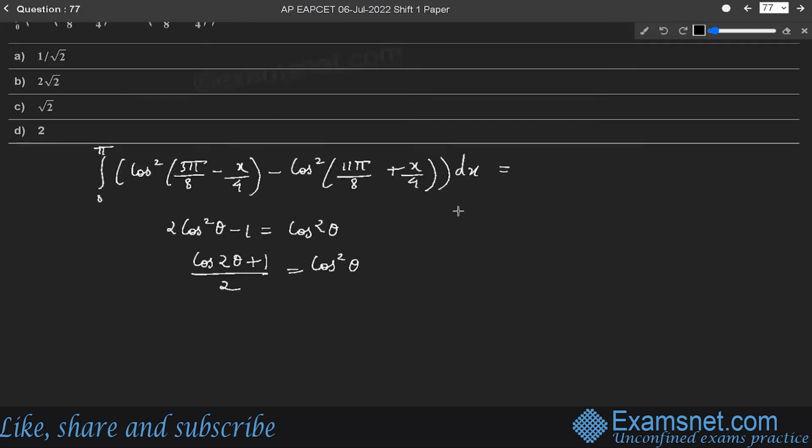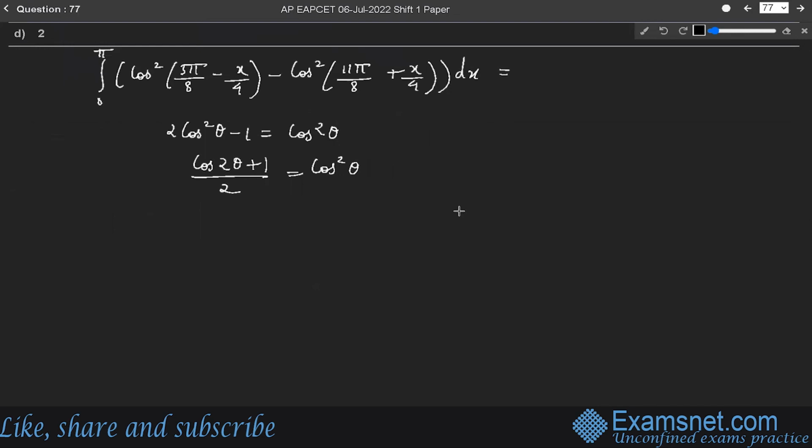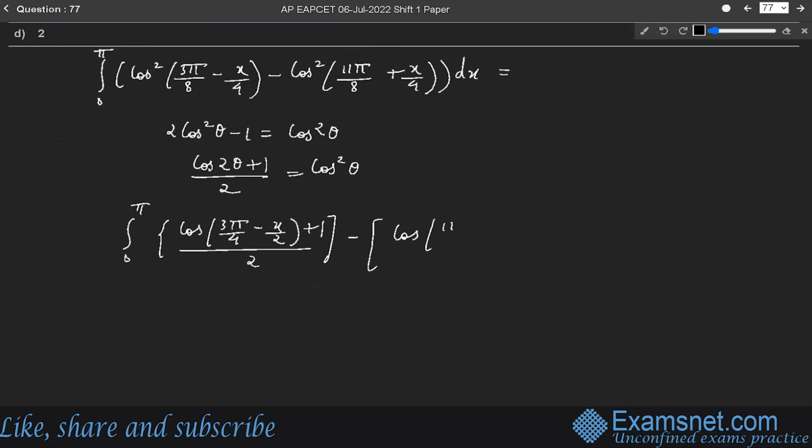So applying this identity here, this will be equal to the integral from 0 to π of (cos(3π/4 minus x/2) plus 1)/2 minus (cos(11π/4 plus x/2) plus 1)/2 dx.